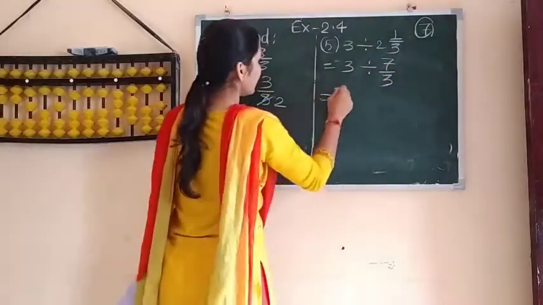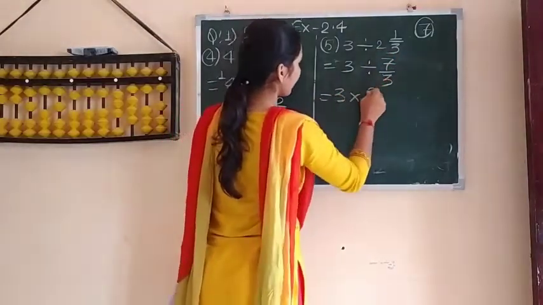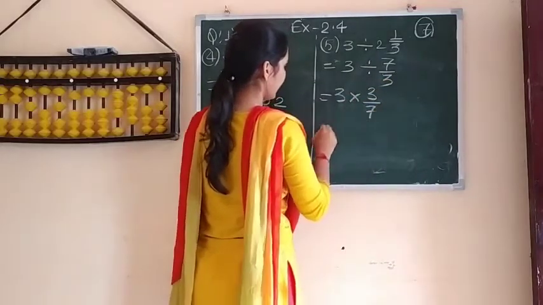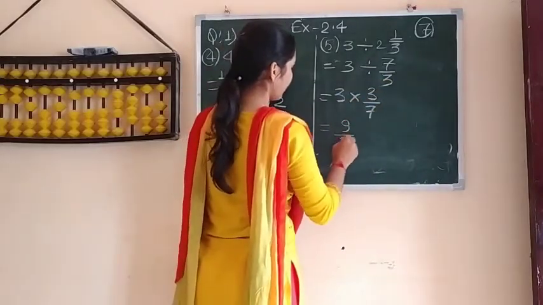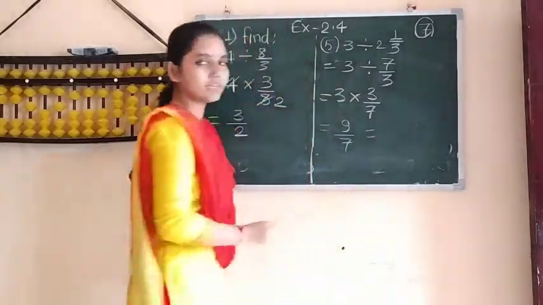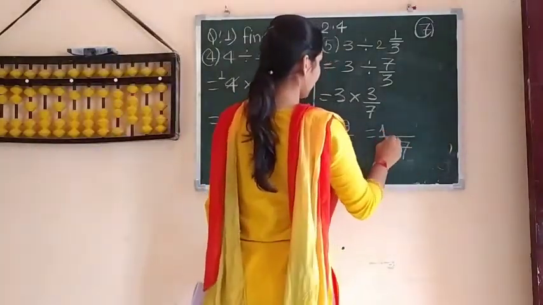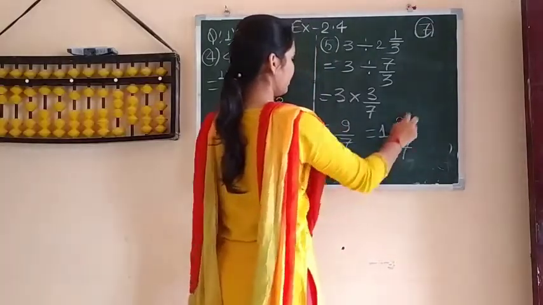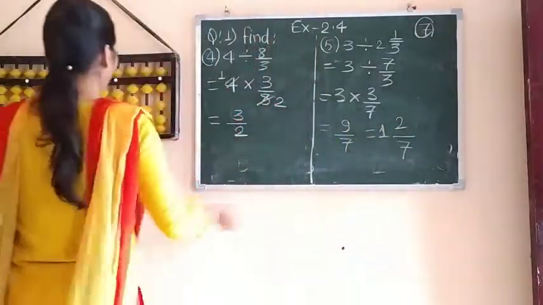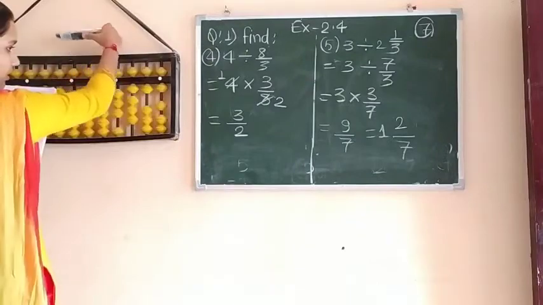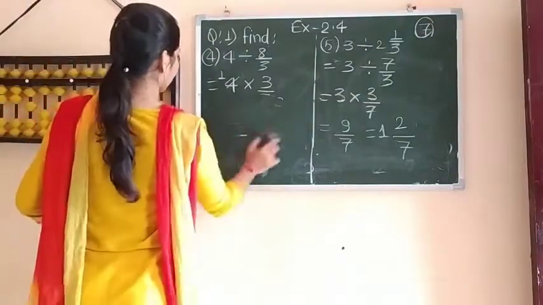Now convert. 3 multiply by, make the reciprocal, this will become 3 by 7. 3 3s are 9 upon 7. If you want, you can convert it into a mixed fraction. This is 7. 7 1s are 7. 7 plus 2 is 9. 1 2 by 7. This is the answer.